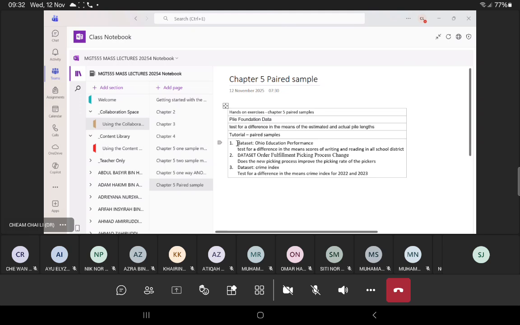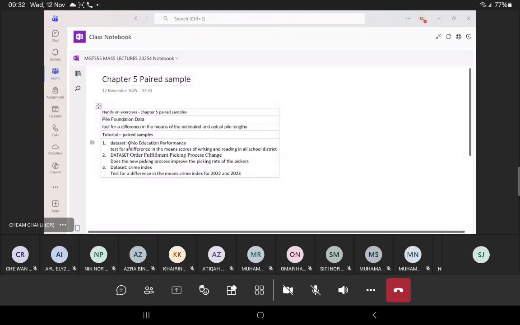Set 1, set 2, set 3 in the list, right? So you have first you have yang ini kan. Data set Ohio education performance test for a difference in the mean score of writing and reading in all school district. So a difference di sini nak tengok ada tak beza antara mean scores of writing and reading in the districts in the data set.